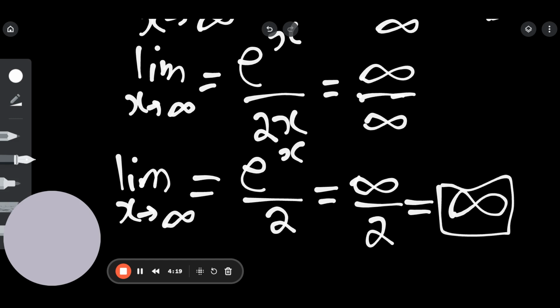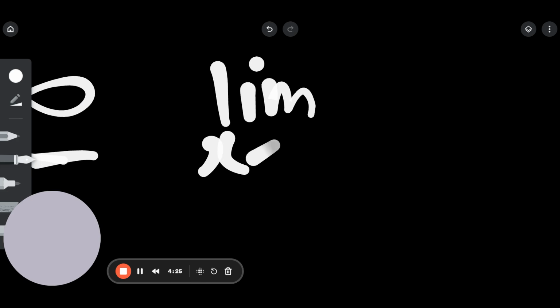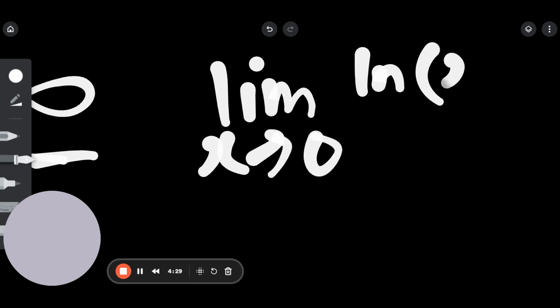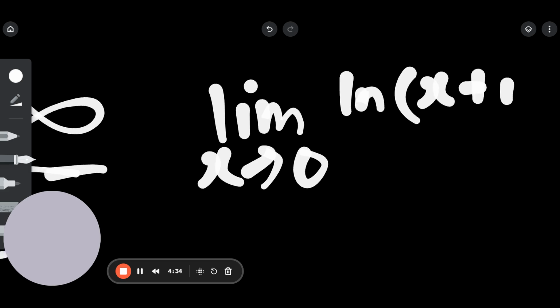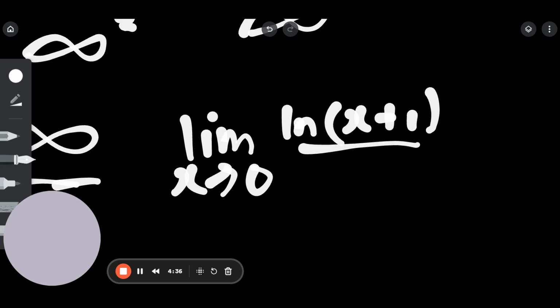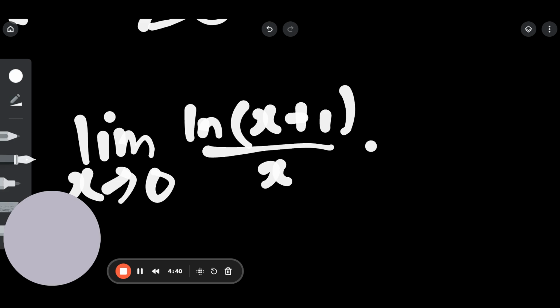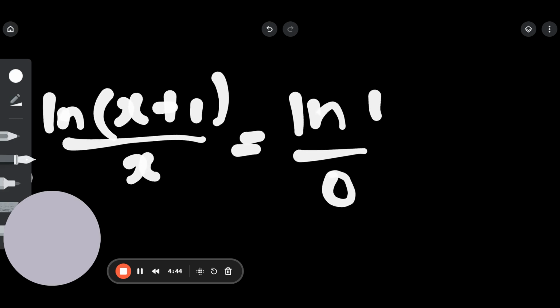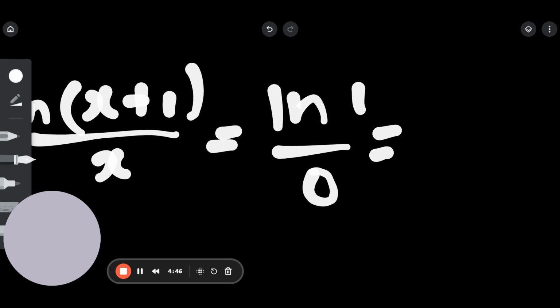Okay, let's try another, a little bit more complicated one. Let's try the limit as x approaches 0 of ln of x plus 1 over x. All right, when you plug in, you get the ln of 1 over 0. The ln of 1 is just equal to 0 because e to the 0 equals 1.